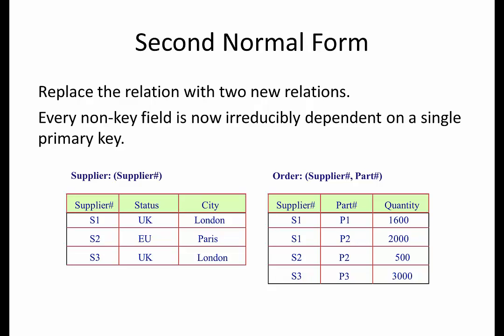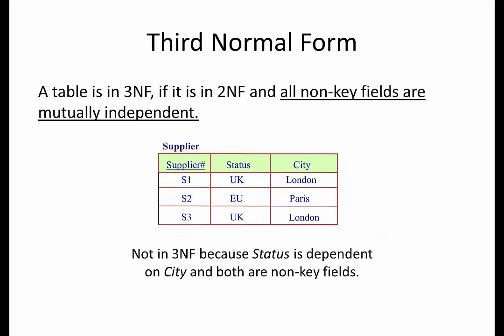Both non-key fields are only dependent upon the supplier number. Over here, the quantity that needs to be shipped depends on both who you're ordering it from and the part number that you want to order. So by splitting it apart, we've gone from one table into two tables. We're now in second normal form.